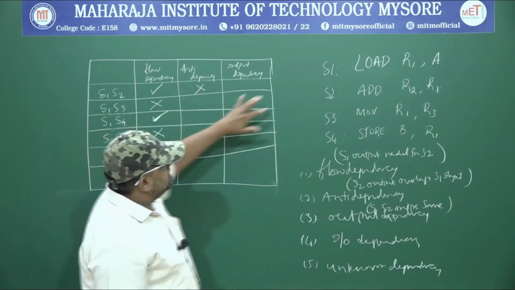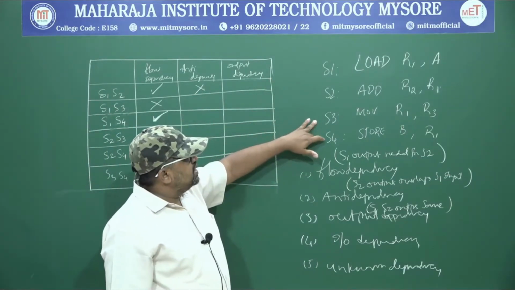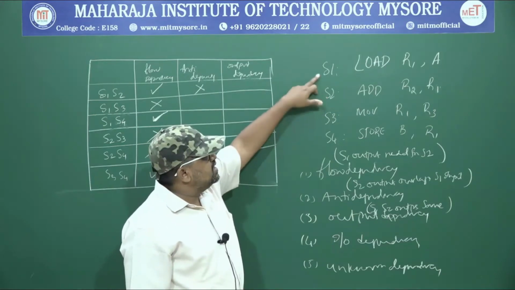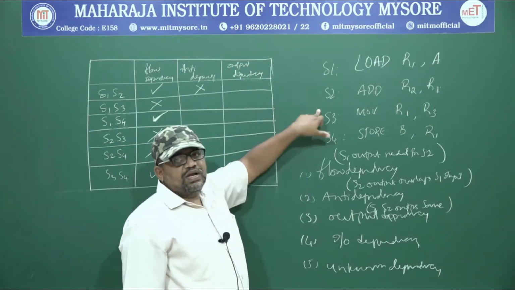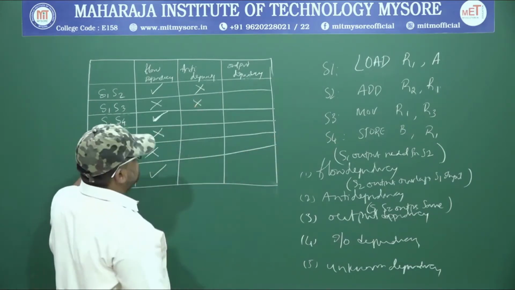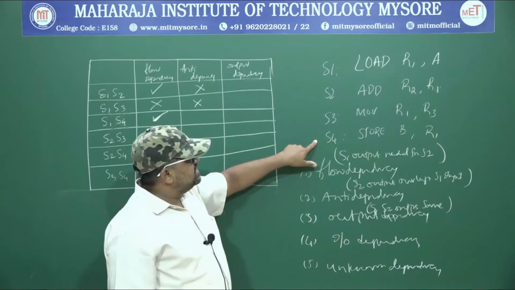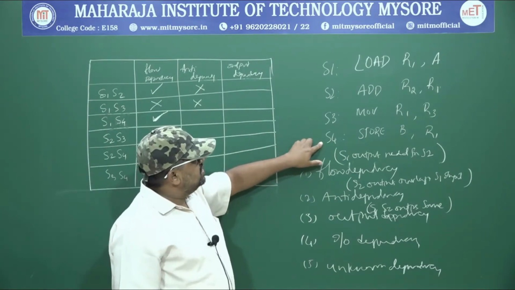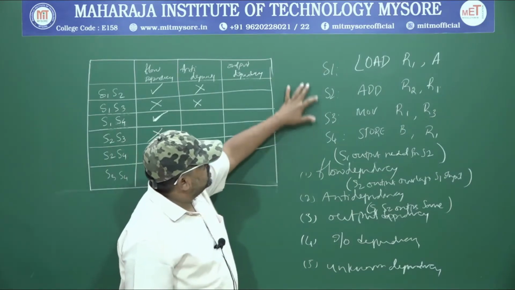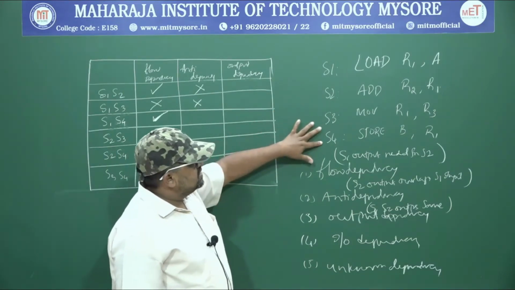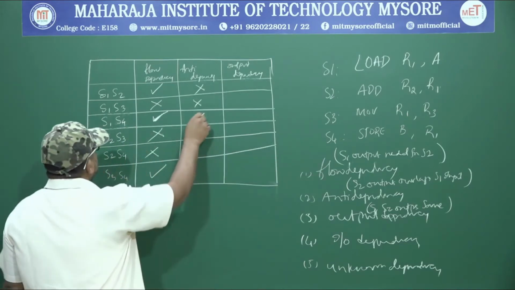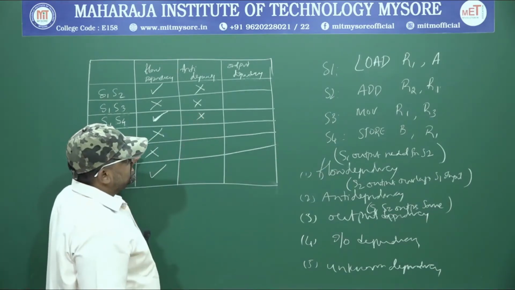Again S1 and S3, does the output overlap R1? No, because the outputs are the same here, but it doesn't overlap. And S1 and S4, the output is the memory location, but again it is S1 and S4. The output here is R1. Does it overlap here? No.